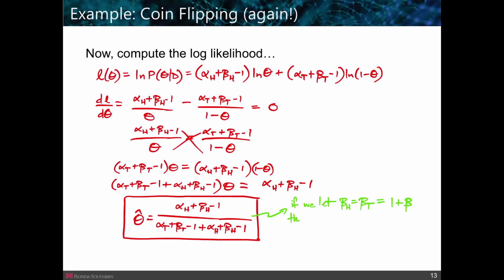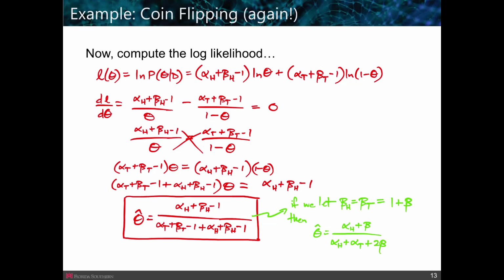If we do that, then this expression for the estimate of theta simplifies to alpha h plus beta. So notice the minus 1 and the plus 1 will cancel here. And then we're going to divide this by alpha h plus alpha t plus 2 times beta.